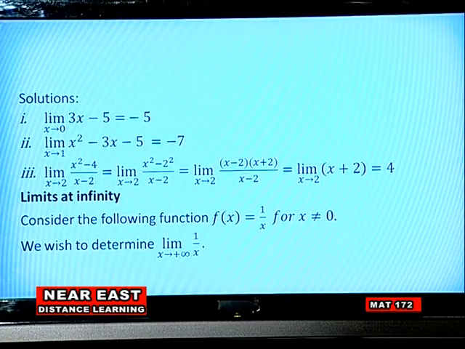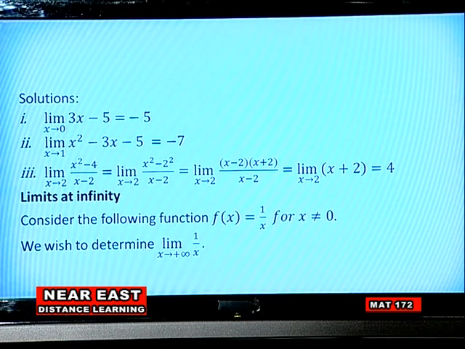Just like this, it's x squared minus 4 over x minus 2. You need to do something to evaluate the value of this limit. If you say this limit does not exist, you may be wrong. But if you try manipulating, try some mathematical approaches to see how you express this function in its lowest term.